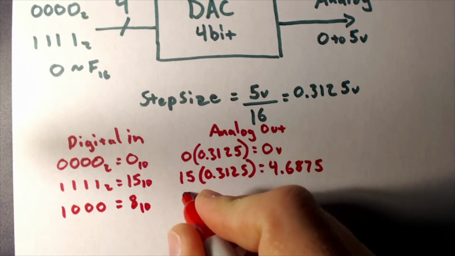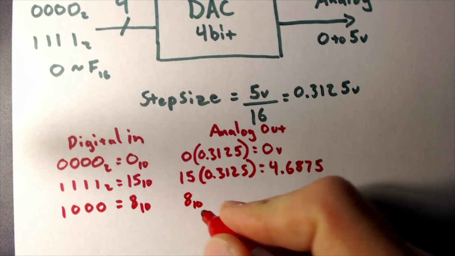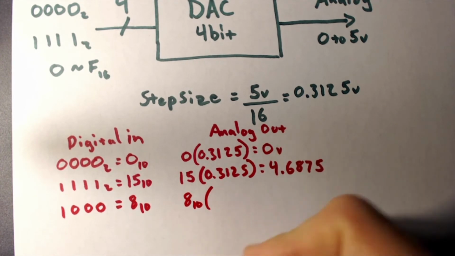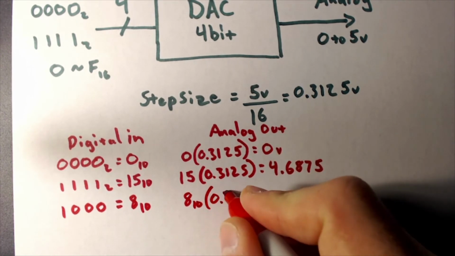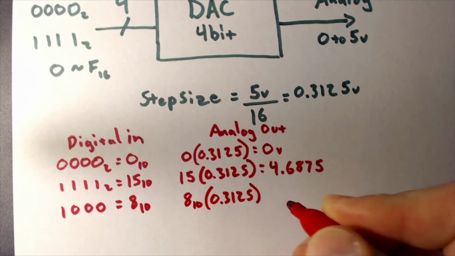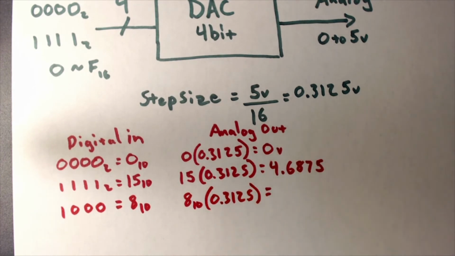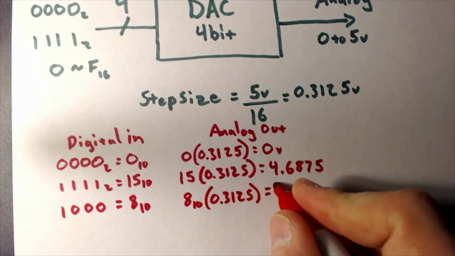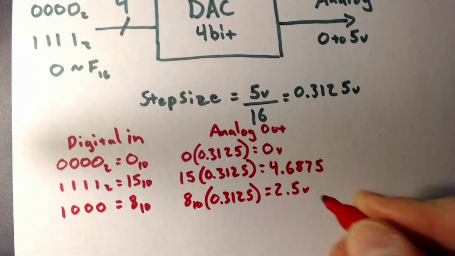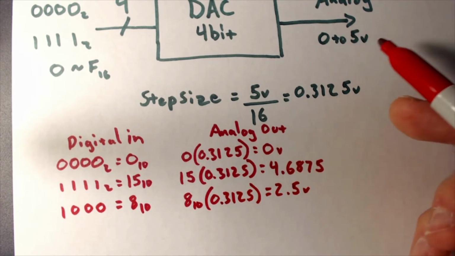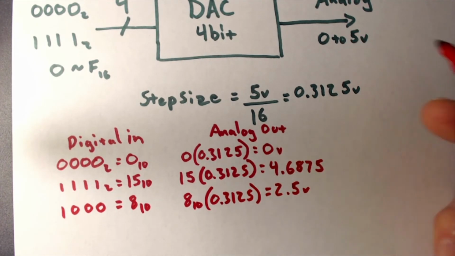Just take your decimal equivalent to that value, 8 base 10, times 0.3125, our step size, and we get 8 times 0.3125, 2.5. Cool. So half of our range on the output.